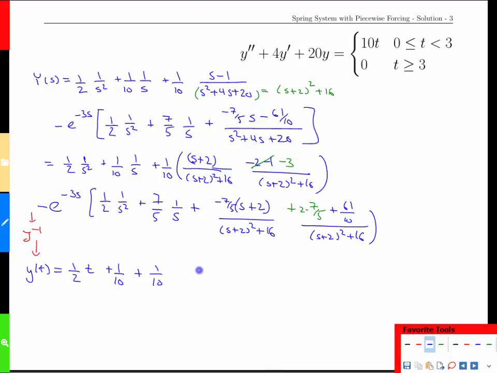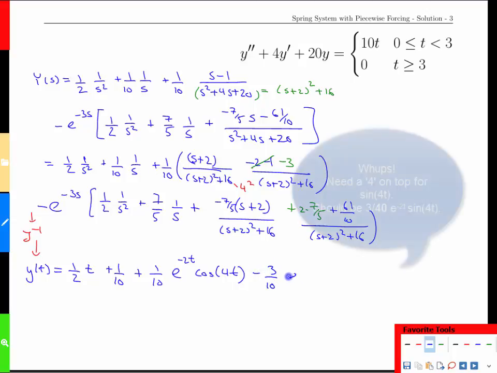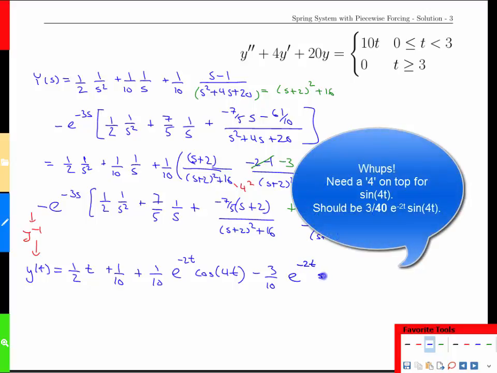We have an s on top, and it's going to be a cos of 4t because this 16 here defines the k squared, and it is 4 squared. The other term, the fact that it's s plus 2, means we have a negative exponential. By similar logic, we're going to have minus 3, don't forget the 1/10 out front, of e to the negative 2t and sine of 4t.